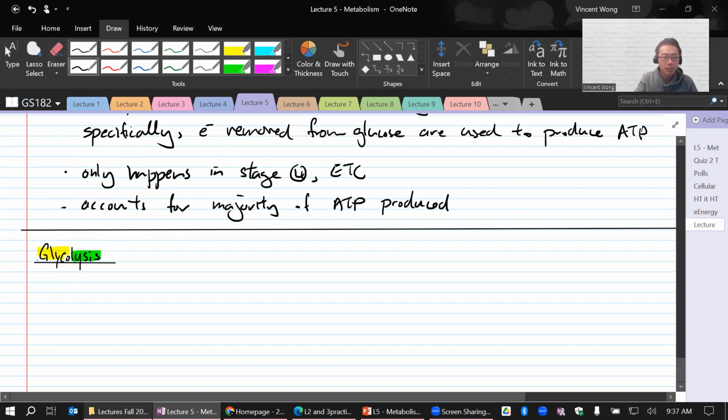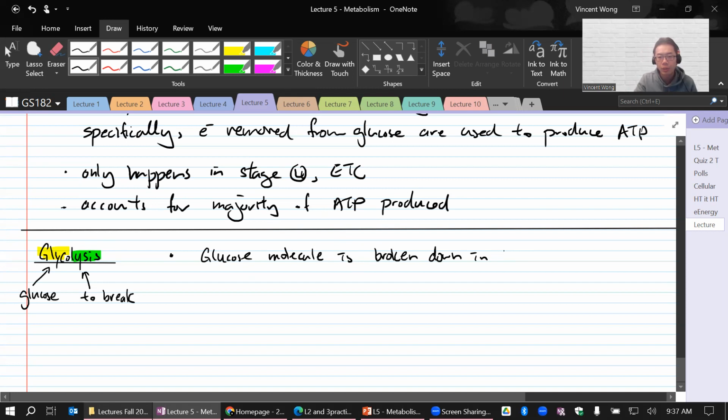So in glycolysis, a glucose molecule is broken down into two pyruvate molecules.